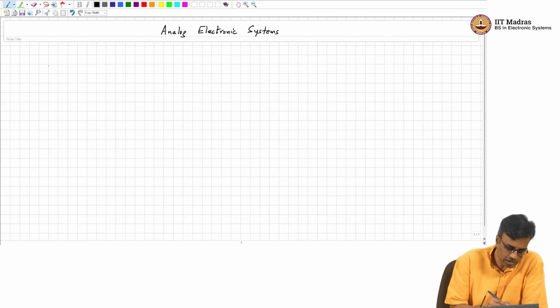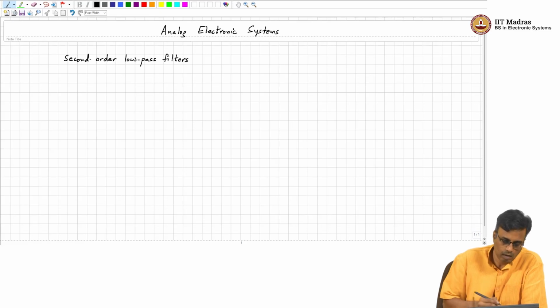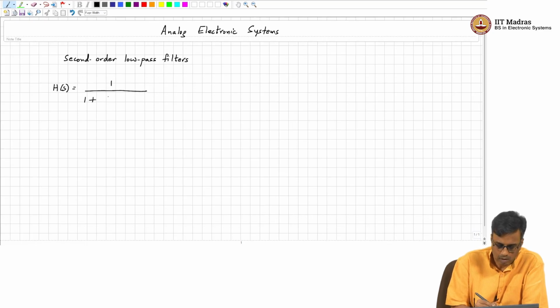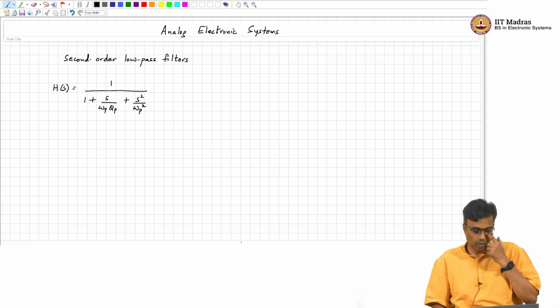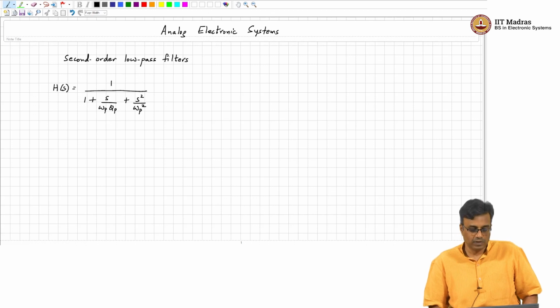So the transfer function, this is what is called the standard form of the second order low pass filter transfer function.